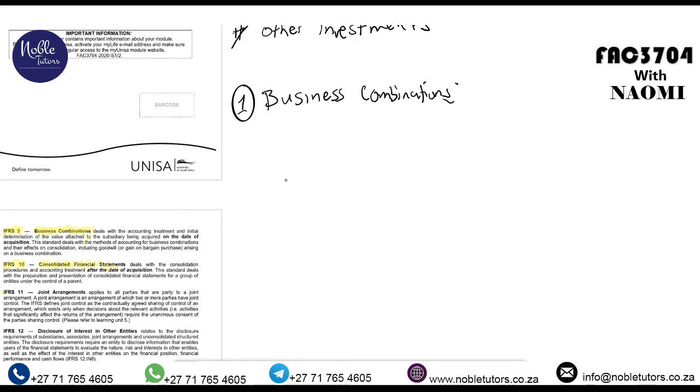So I've got company A and I have company B. So what happens? Company A buys some shares, in other words, some interest in company B. For example, company A purchases 60% shares in company B. So by purchasing 60%, they've got interest in this company.